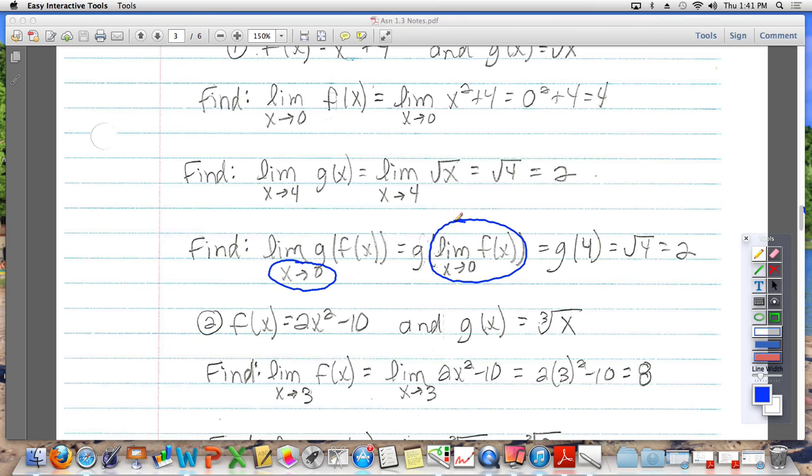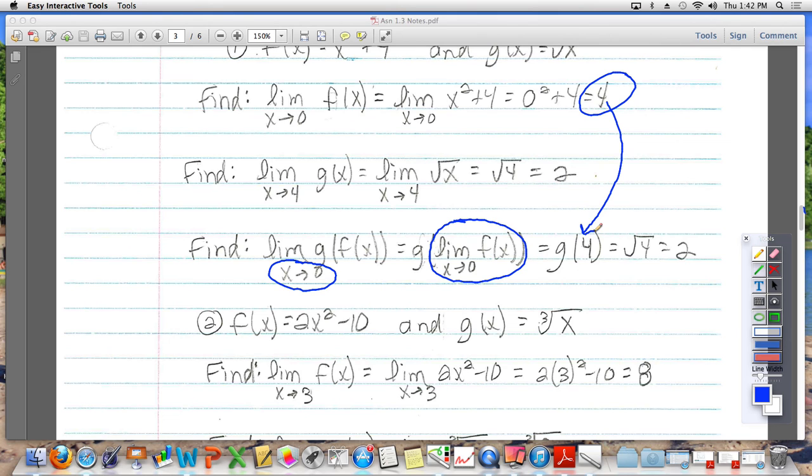Well, what is the limit as x approaches 0 of f of x? What did you get? You got 4. We just calculated it up here. So really what you're doing is finding the value of the function at 4. When I say the value of the function, I mean the value of g of x, which is right up here, the square root of x. So all you're doing is taking the square root of 4, which is 2.